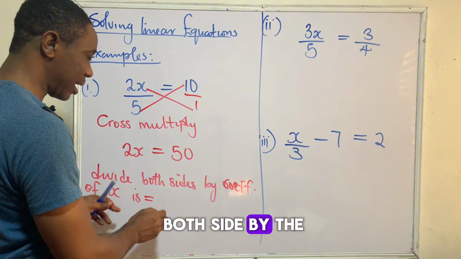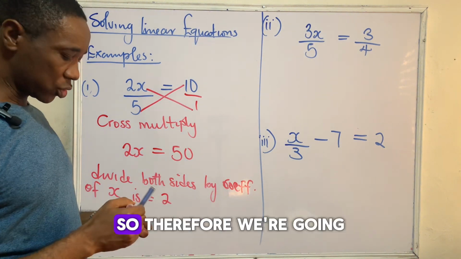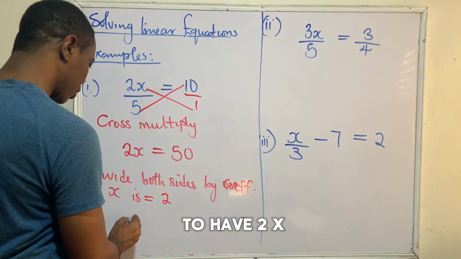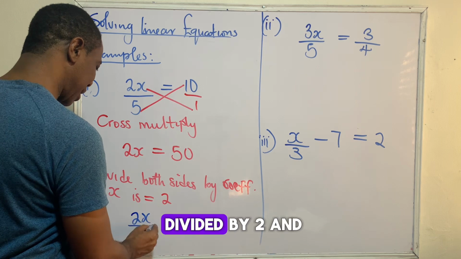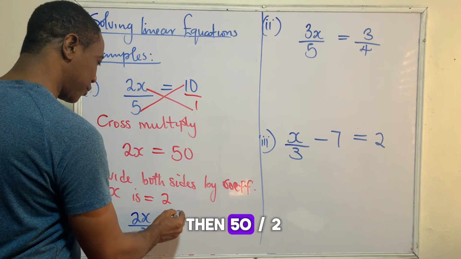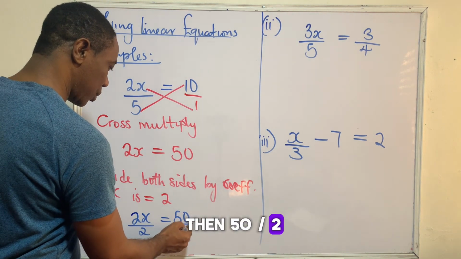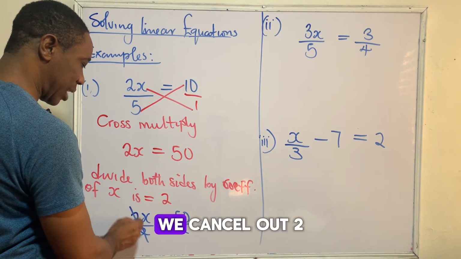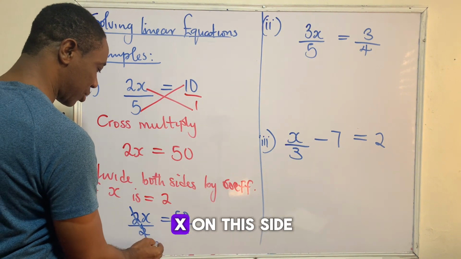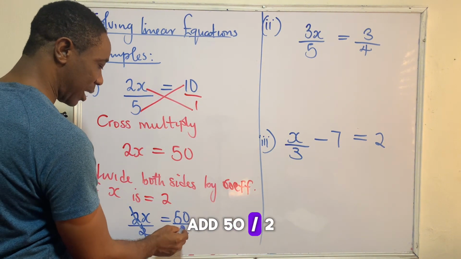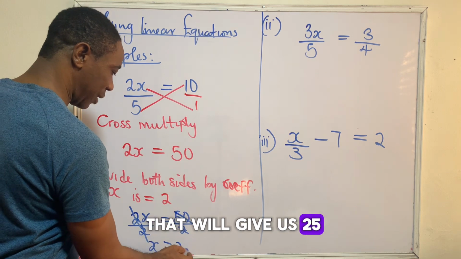So you divide both sides by the coefficient of x, which is 2. So therefore, we're going to have 2x divided by 2 and then 50 divided by 2. So 2x divided by 2, the 2 will cancel out the 2, and then you have x on this side, and 50 divided by 2 will give us 25.